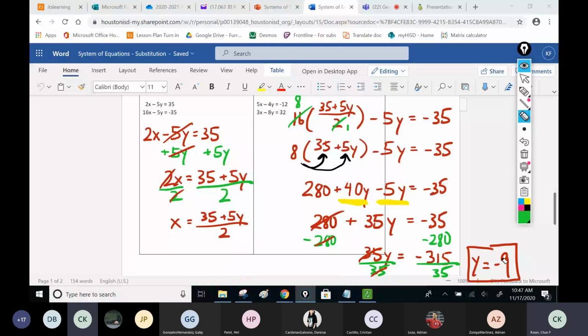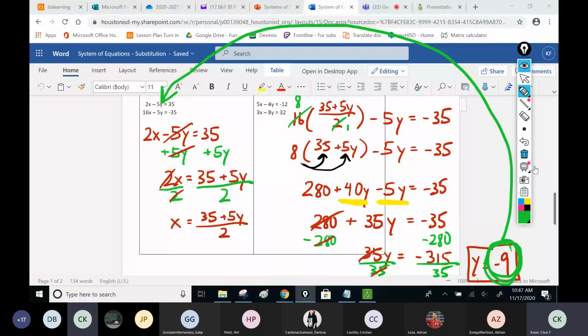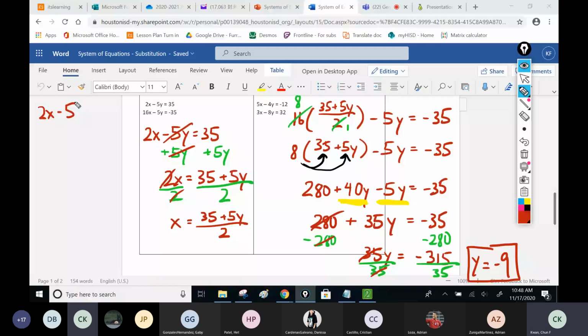Once you figure this out, you're going to take this and plug it back into either equation, it doesn't matter which one. Replace the y, and then solve for x. So 2x minus 5 times negative 9 equals 35. 2x plus 45 equals 35.